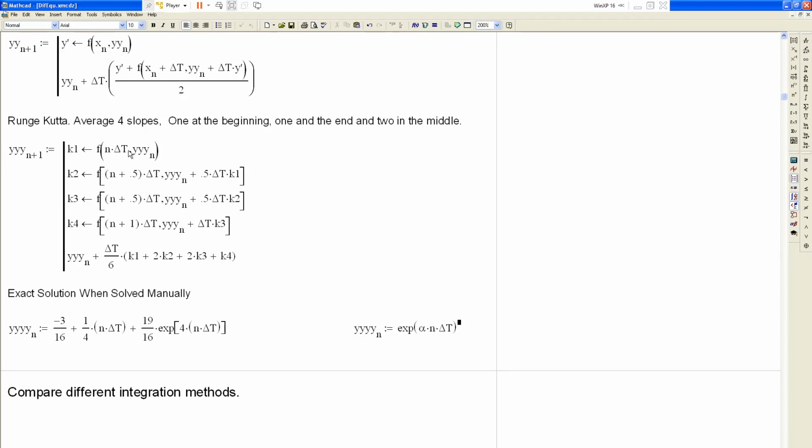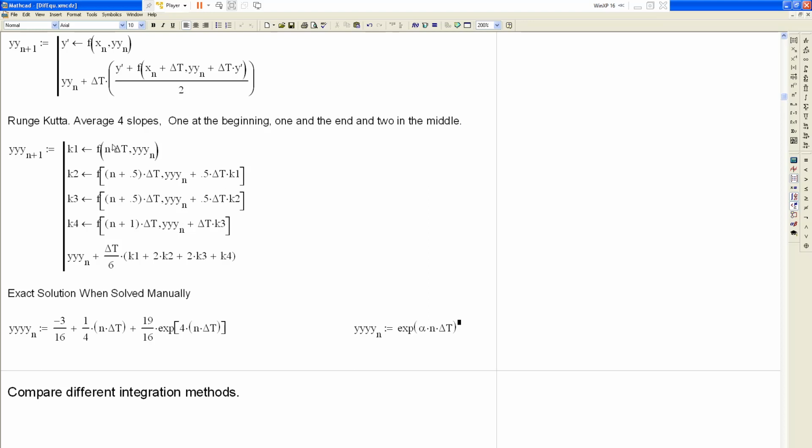We have an initial slope. This is the same thing as this up here. And then we have the slope that is halfway in between using the initial slope. And then we have this another slope, which is halfway in between, which is using the average slope. And then we have the slope at the end of the interval.